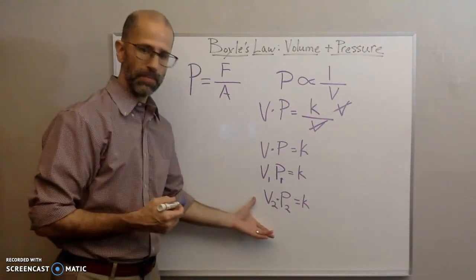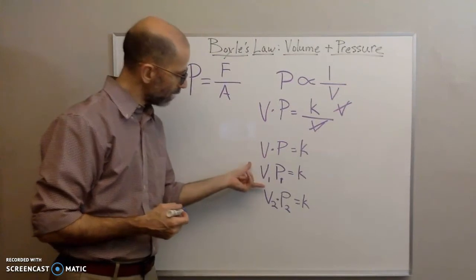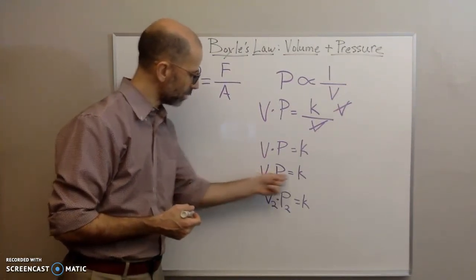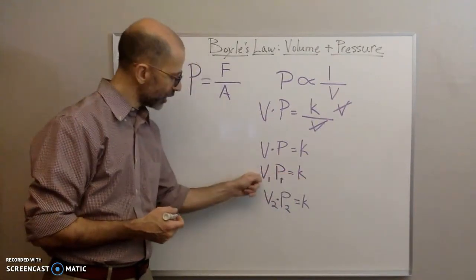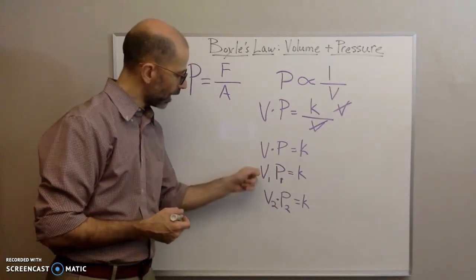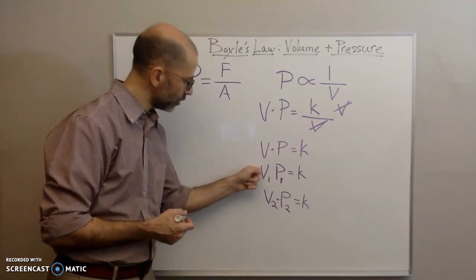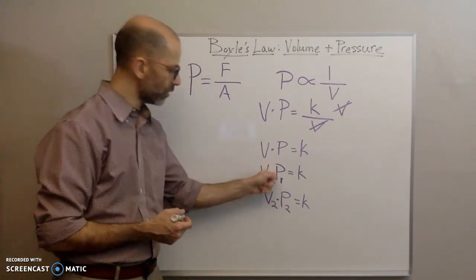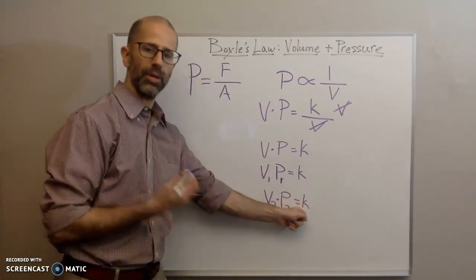You with me so far? So if I have one set of volume and pressure such that when you multiply them, it equals K, and I change the volume from one thing to another, then the pressure also has to change from one thing to another in order to keep K the same.